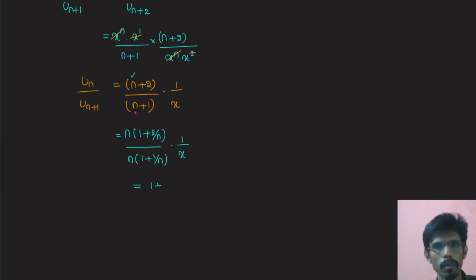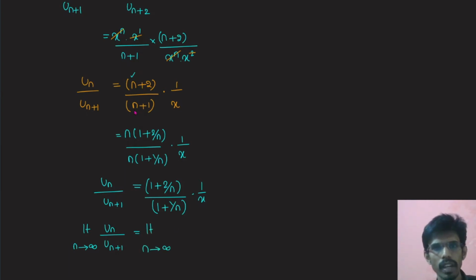This will become un by un plus 1 equals 1 plus 2 by n upon 1 plus 1 by n into 1 by x. Now apply limit n tends to infinite on both sides. Limit of un by un plus 1 is equals to limit n tends to infinite 1 plus 2 by n by 1 plus 1 by n into 1 by x.